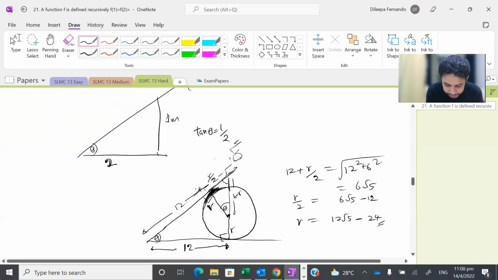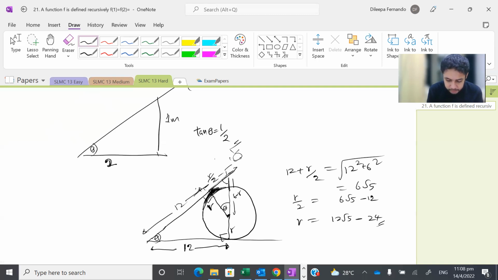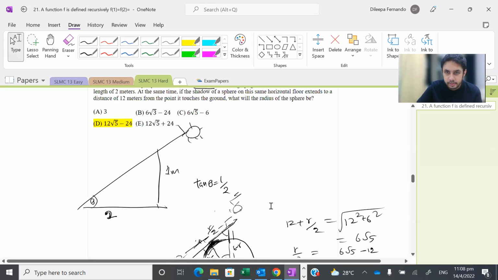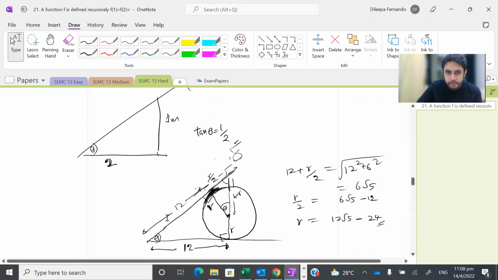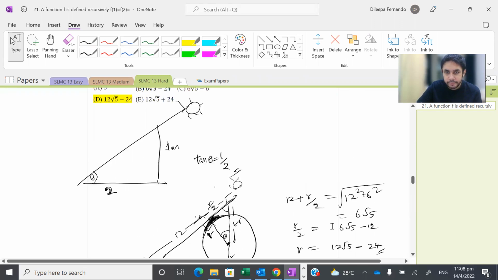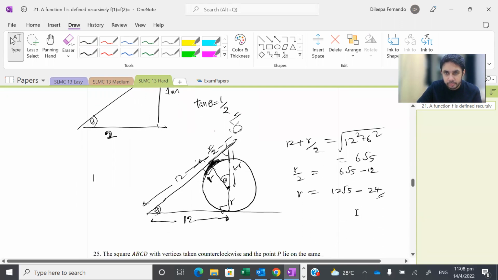So we found this to be r by 2, and we used another formula by using the larger triangle, 12 plus r by 2 equals 6 root 5, and then r can be found.